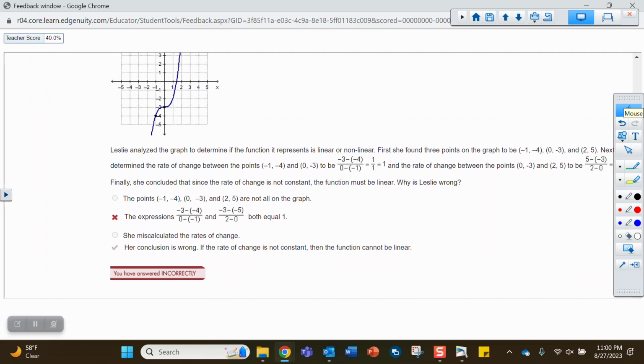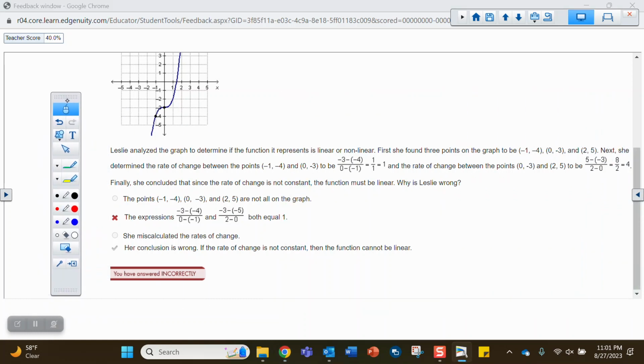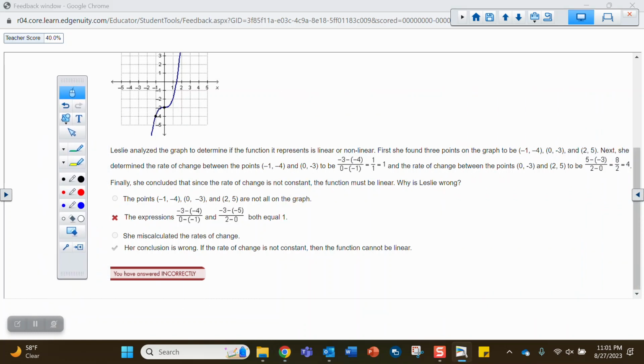Look at the graph. Leslie analyzed the graph to determine if the function it represents is linear or nonlinear. So she's looking at several different points. Let me move this out of the way. She found 3 points on the graph.